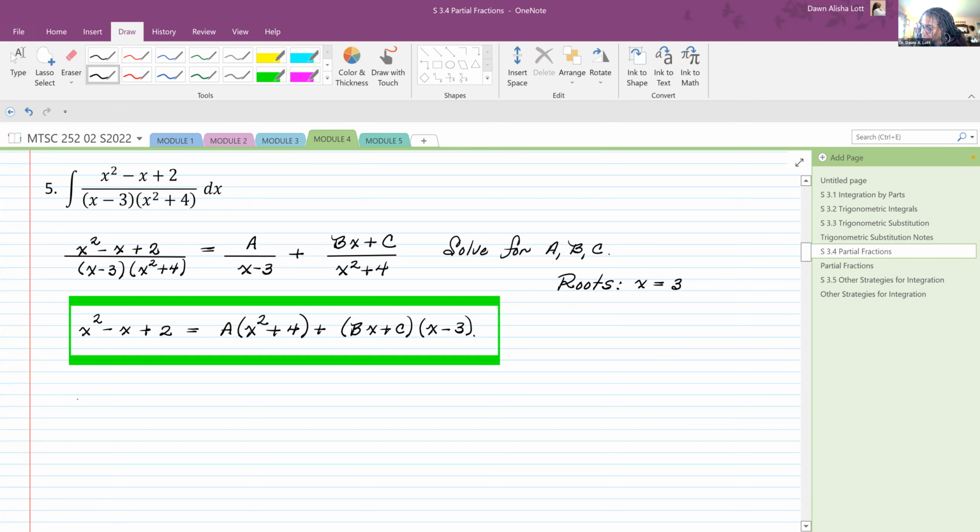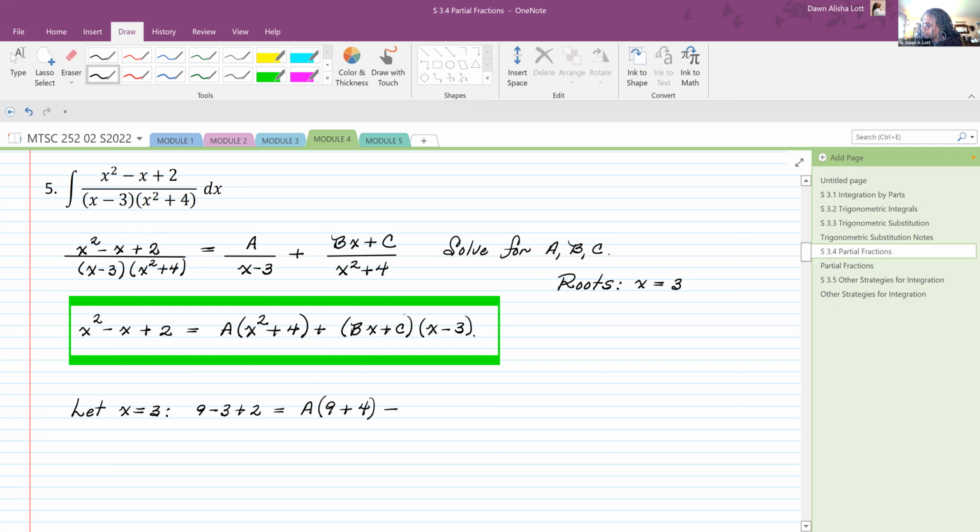So let's start off. So let x equal 3. And then I'm going to get 9 squared. I'm sorry, my brain's already squared it and I'm squaring it again. 3 squared, which is 9, minus 3 plus 2. And that's going to be A times 3 squared, which is 9, plus 4.